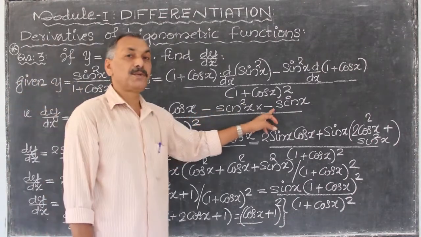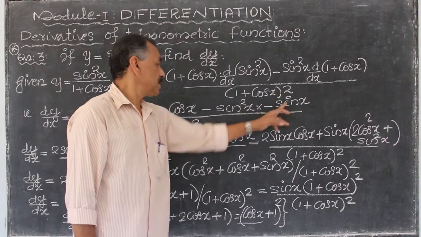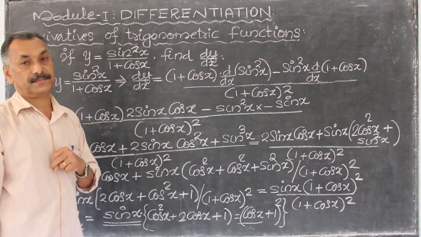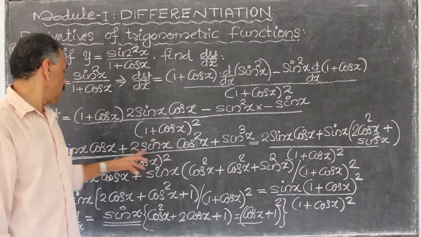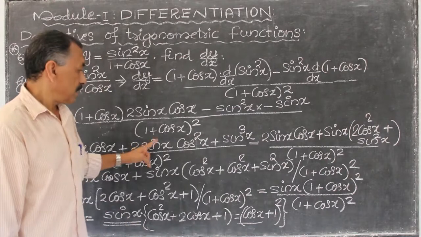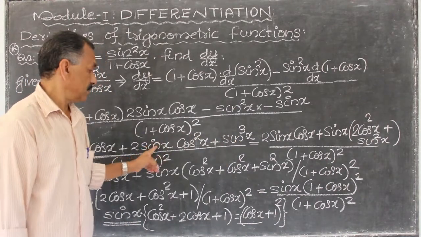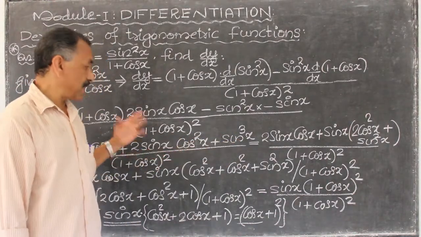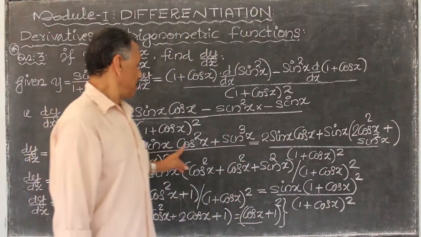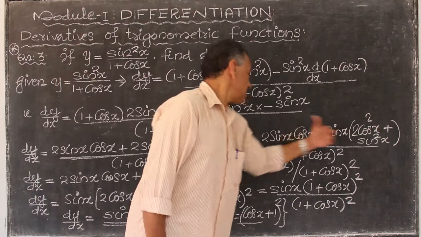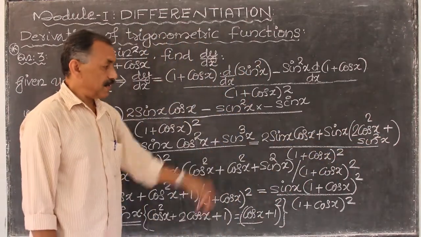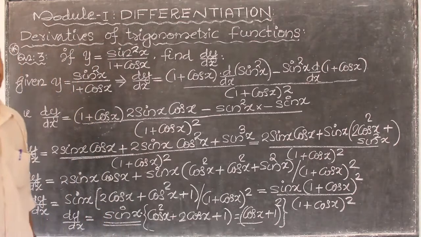Minus into minus gives plus sin square x into sin x, sin cube x, divided by 1 plus cos x whole square. Then this is 2 sin x cos x plus, taking sin x outside from these two terms, sin x into 2 cos square x plus sin square x, divided by 1 plus cos x whole square.